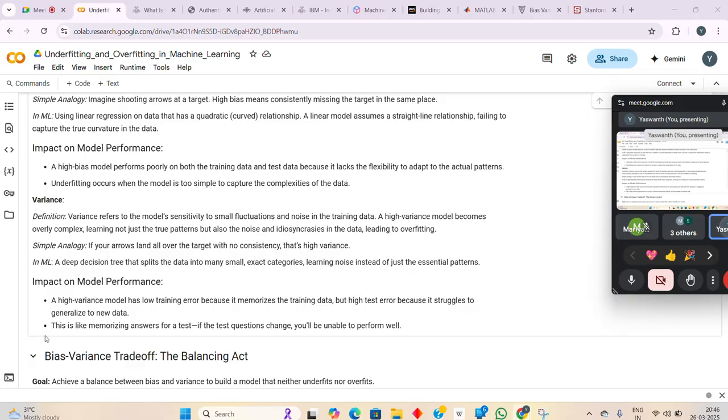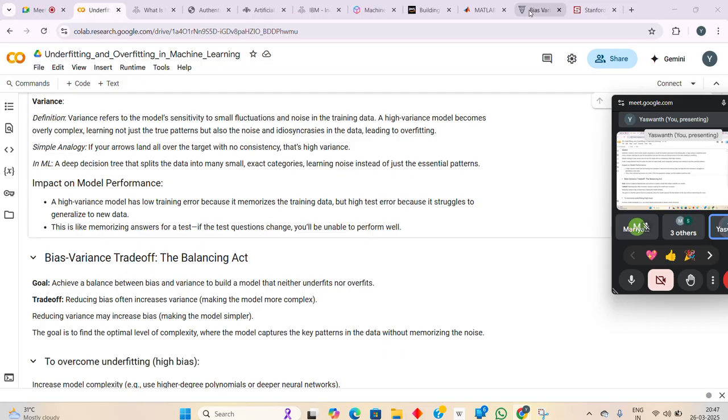Remember these two points. The really important one is the first line I mentioned here: a high bias model performs very poorly on both the training data and the testing data, because it is going to lack the flexibility. Anyway, I will show you all those topics with visualization with the help of this reference.